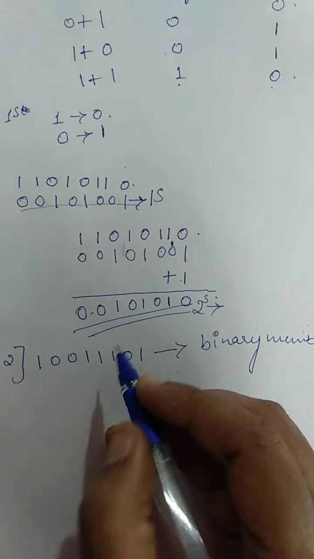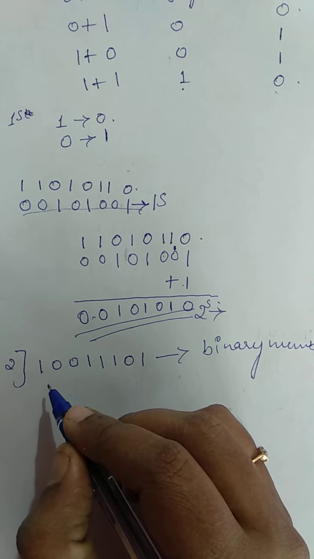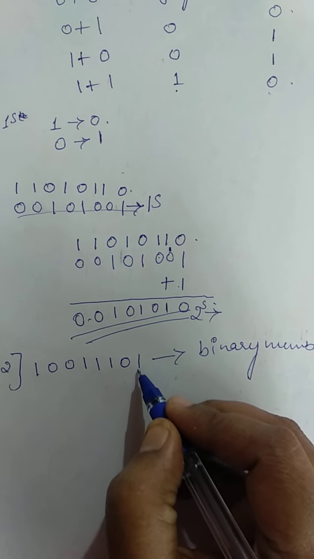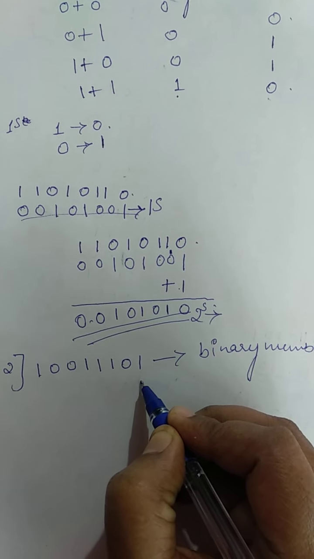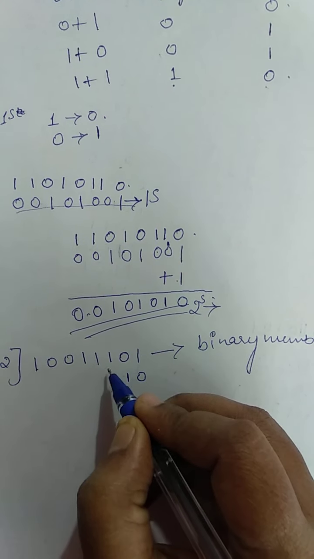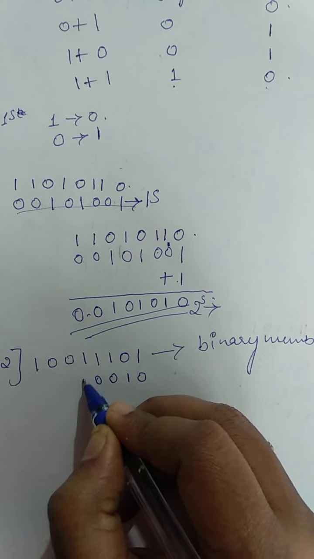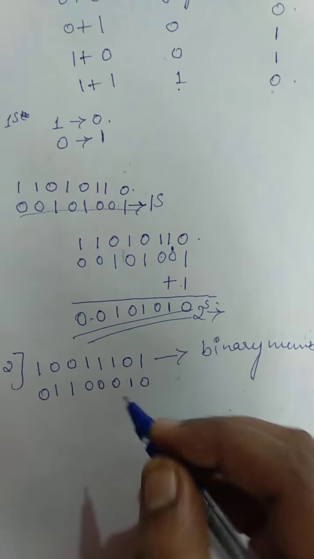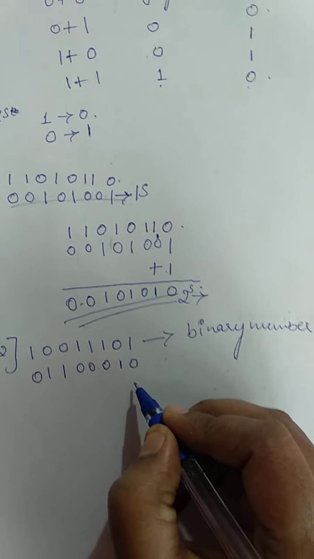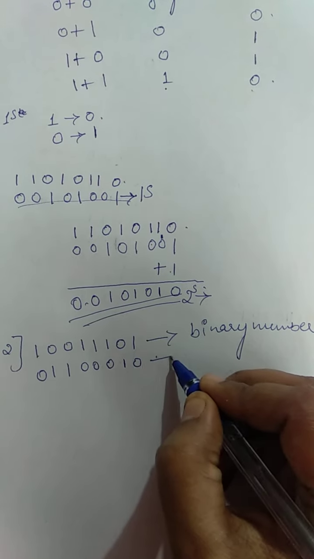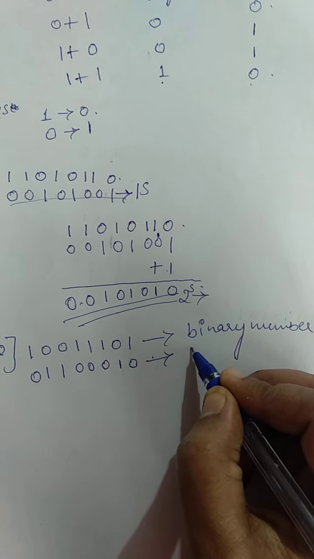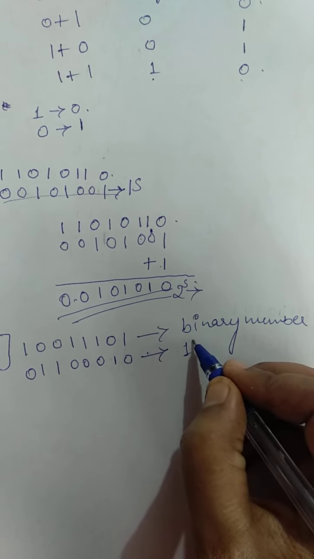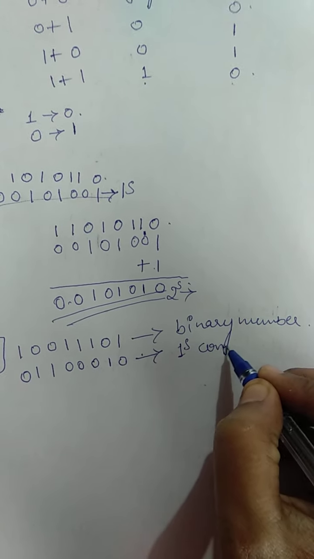We'll write the 1's complement for the given binary number. So 1 will be 0, 0 will be 1, then 0 0 0 1 1 0. Next, to calculate the 2's complement, we'll add 1 to the 1's complement. So this is the answer for 1's complement.